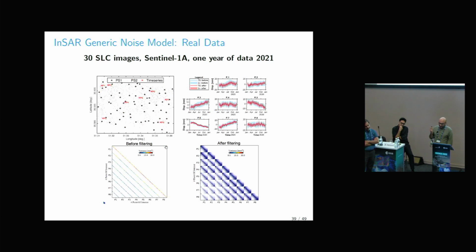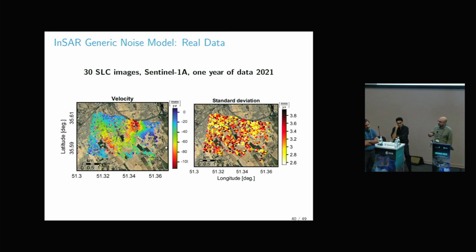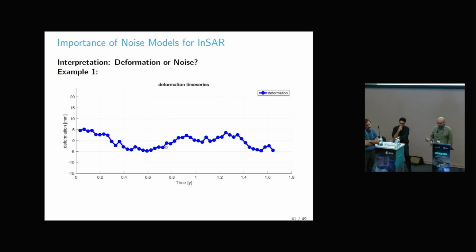For different time series, again here we see before filtering and after filtering how much noise correlation we introduce in the data. And we can further propagate it to velocity. So we have velocity, and also standard deviation error bars for velocities.